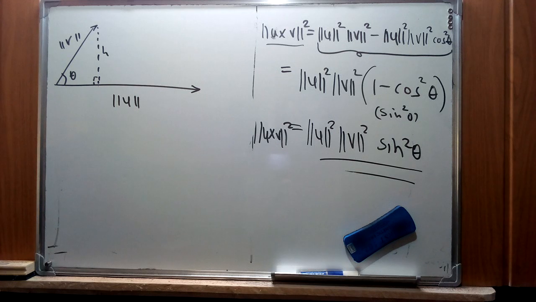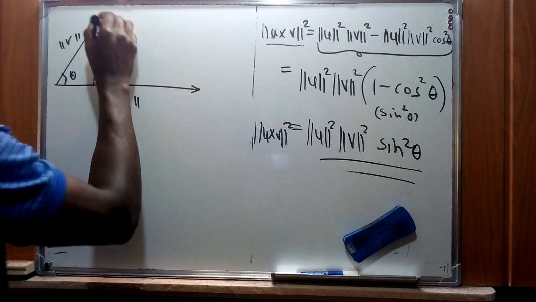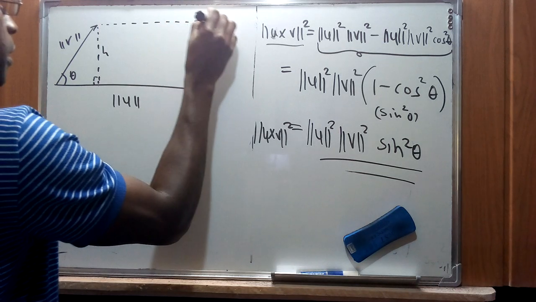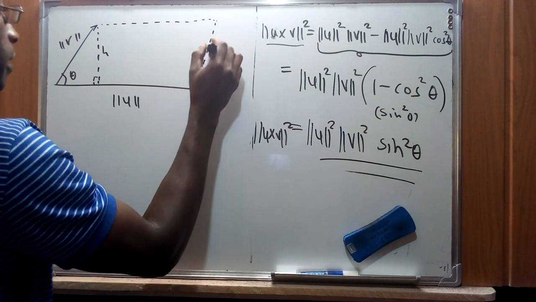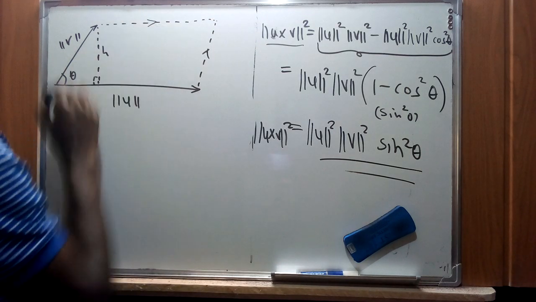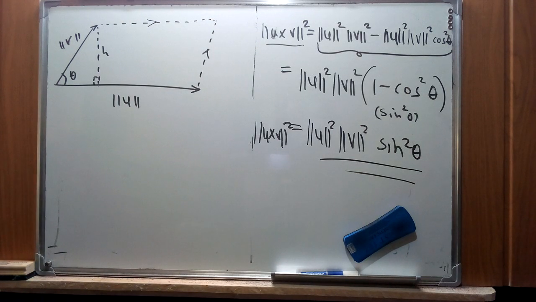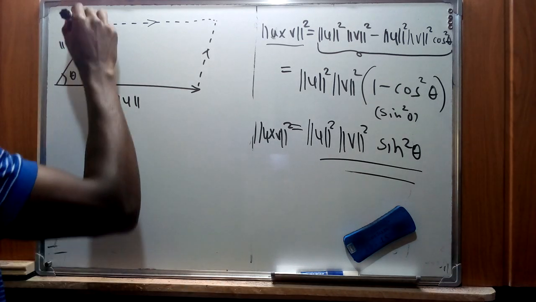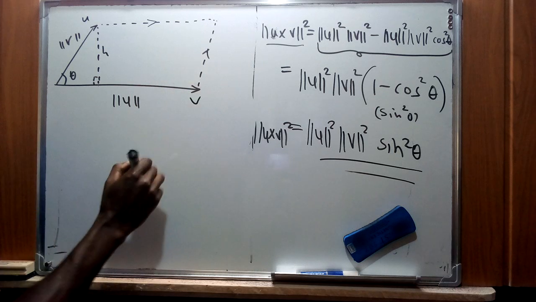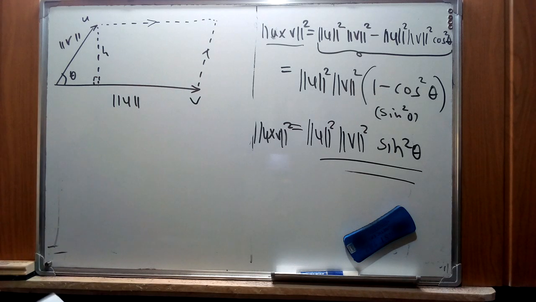Now for the representation of those two vectors, as I said, we can form an imaginary figure of a parallelogram, which we can represent as such. Bearing in mind that, of course, this is for vector u, we can represent those as vector u and v.